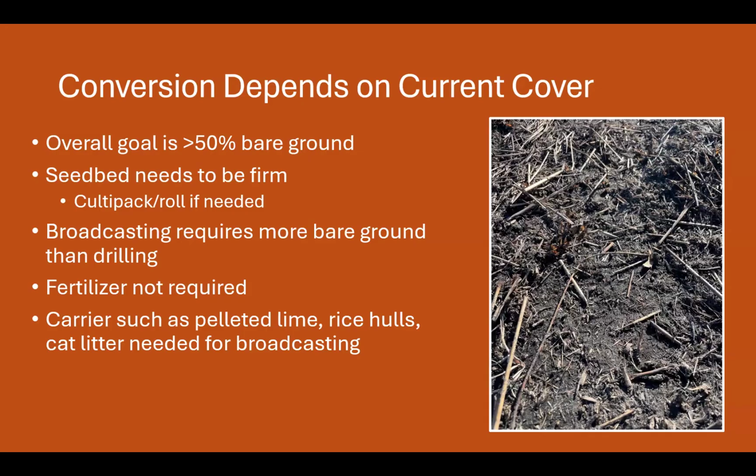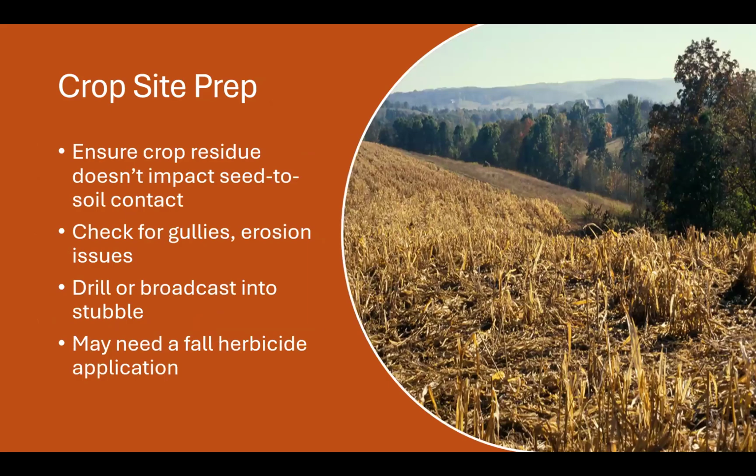When I talk about bare ground, this picture is a pretty good example of that. It's a pretty firm seed bed, so you can't really see much of the tractor tires or anything in it. If you're in a crop situation, this is really the ideal and easiest site prep method. You'll want to ensure that the remaining crop residue isn't too thick, to ensure good seed to soil contact.